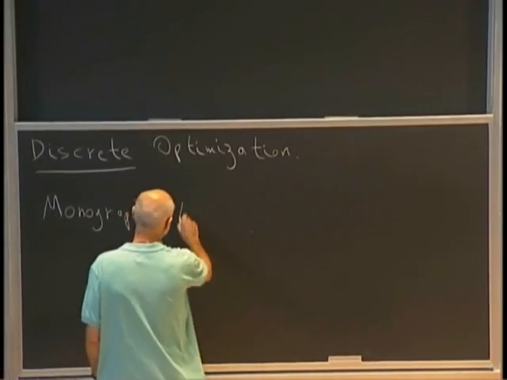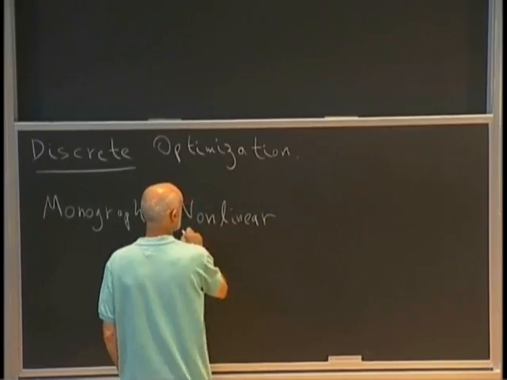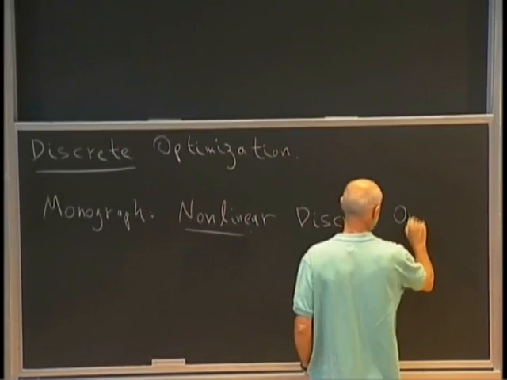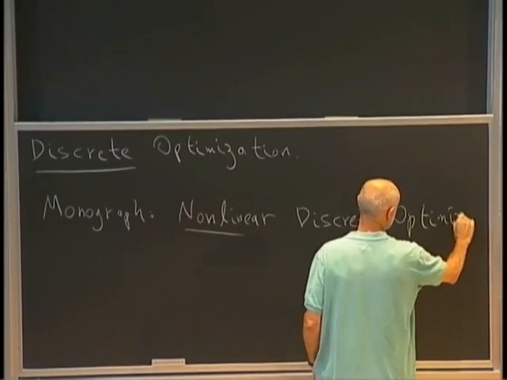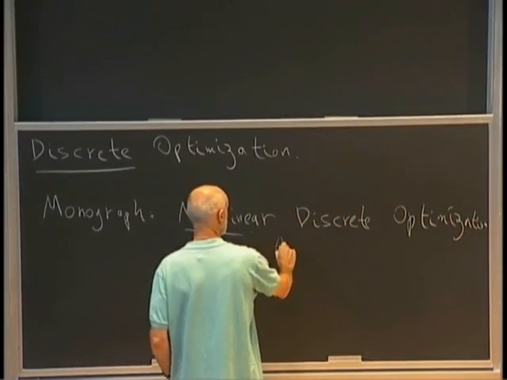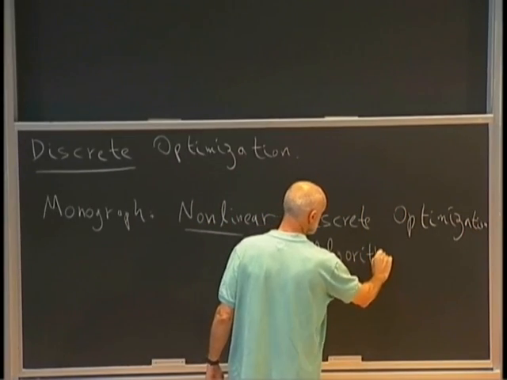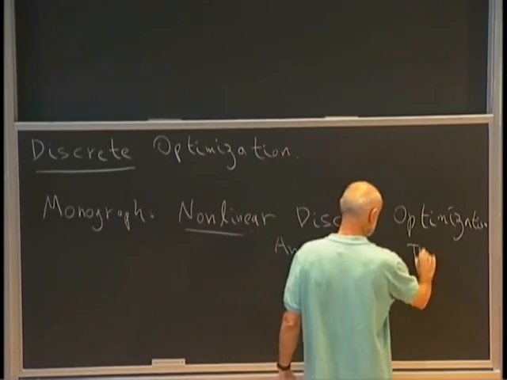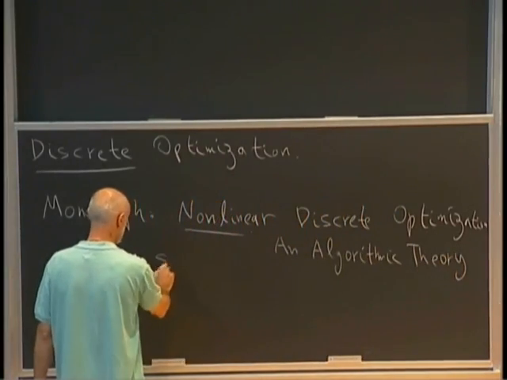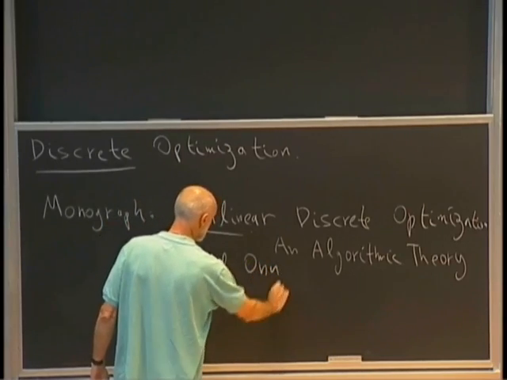It's entitled Nonlinear Discrete Optimization: An Algorithmic Theory. It's written by me, if you have not seen my name so far.